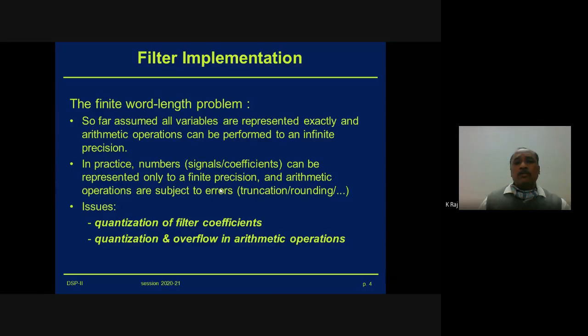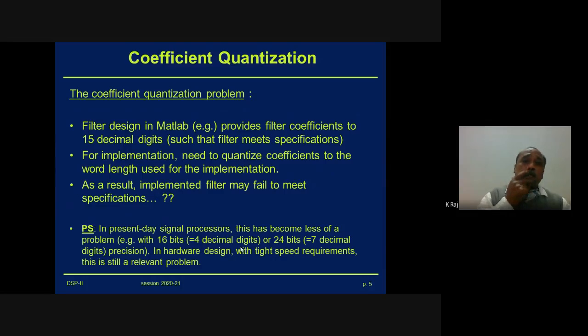Due to this, what will happen? The issues will be related to the quantization of the filter coefficients, and quantization and overflow in arithmetic operations. If we consider the example of implementation using MATLAB, it uses 15 decimal digits for the representation of the coefficients, that is, 1 for the sign and 15 for the coefficients.